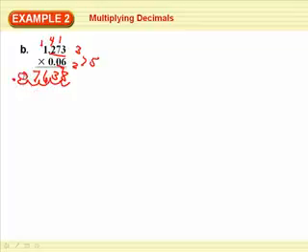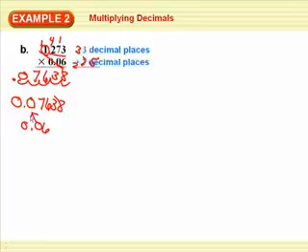So I'm getting 0.07638, and let's see, this is about 1 times 6 cents, about 0.6, and that's really close to it. So I would say yes, our answer is reasonable.